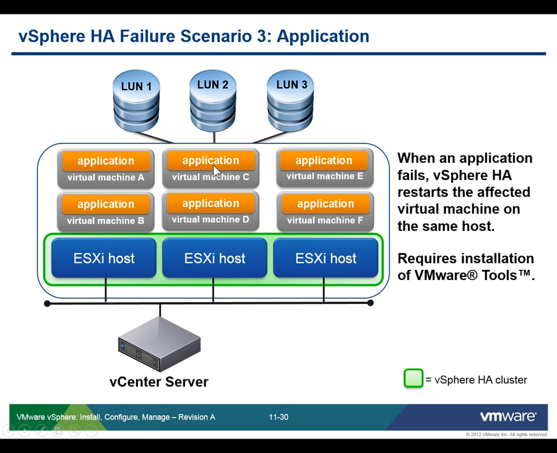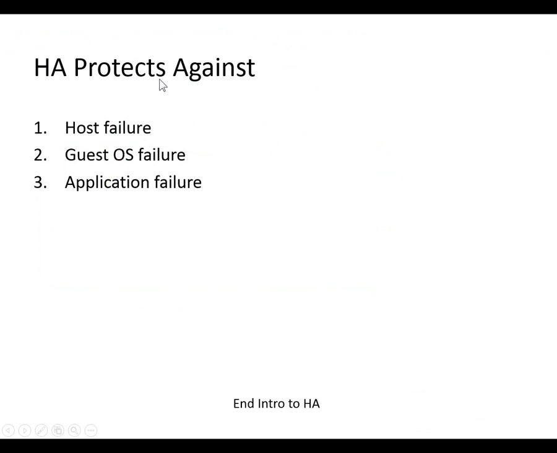If an application running within a virtual machine crashes, then high availability restarts the entire virtual machine, which then restarts the application. High availability protects against a host failure, a guest operating system failure, or an application failure. And this concludes our introduction to high availability.